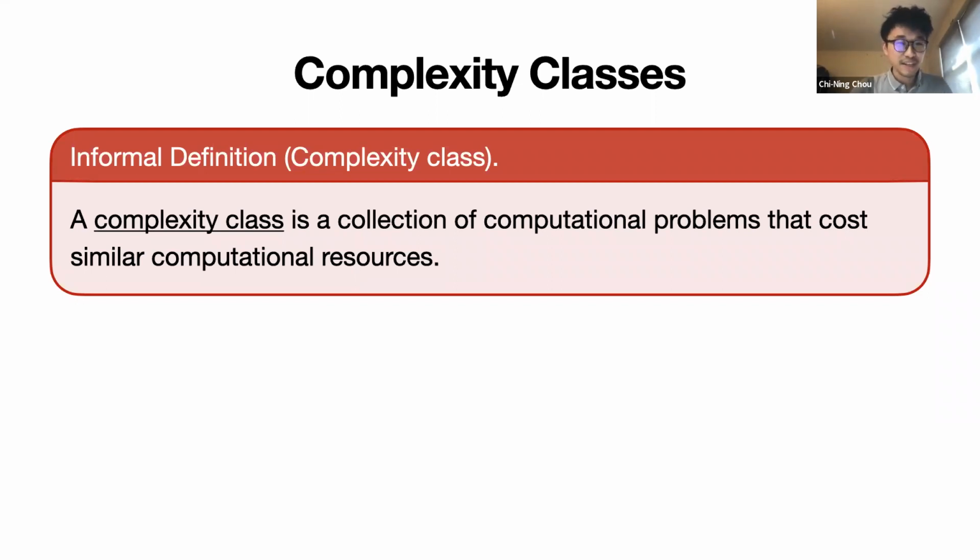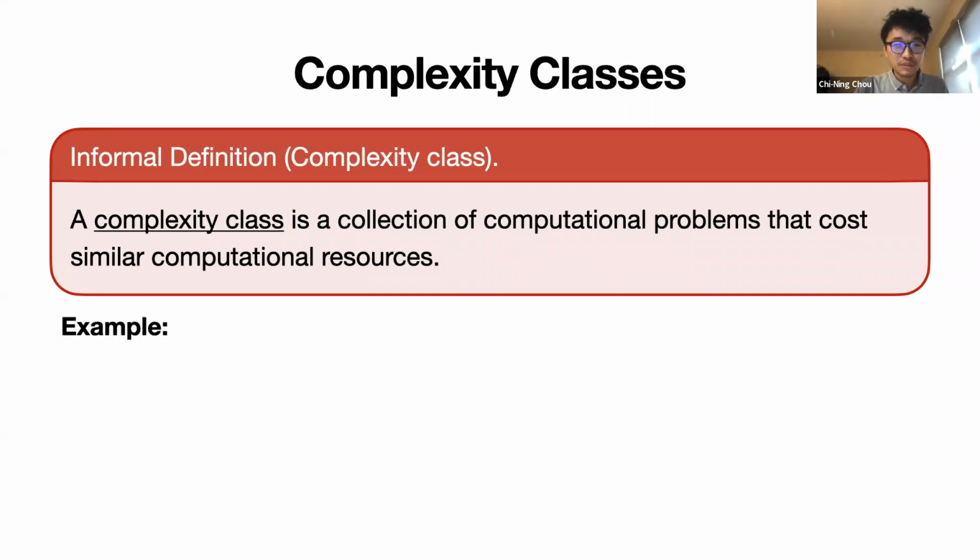So a complexity class basically is a collection of computational problems, for example, the multiplication problem could be one of them. And those computational problems should cost similar computational resources. I'll argue the meaning of similar more formally in the next slides. But maybe if we first stick to this informal definition, let's see what we can say about it.